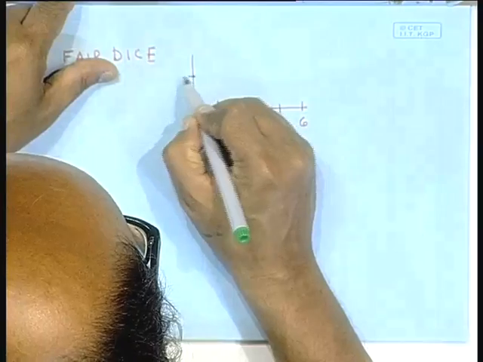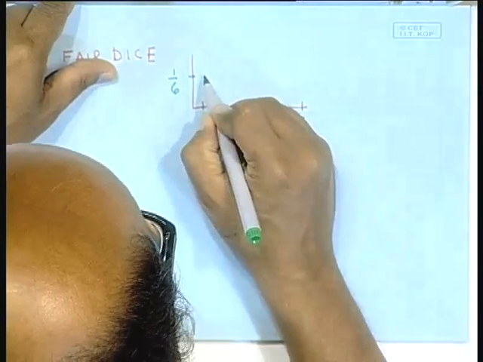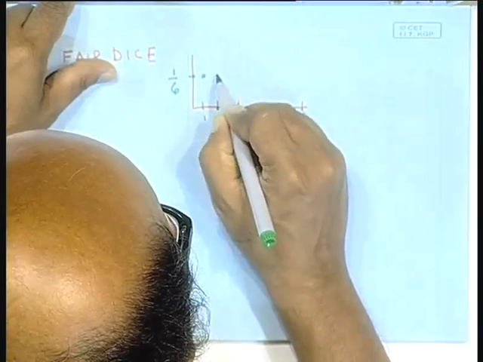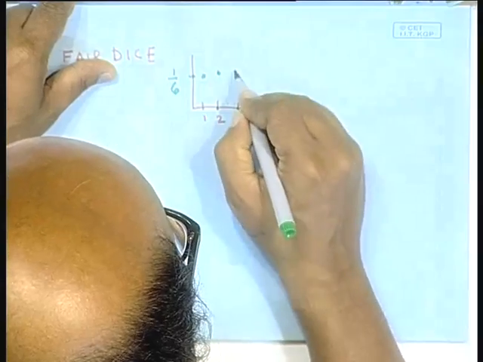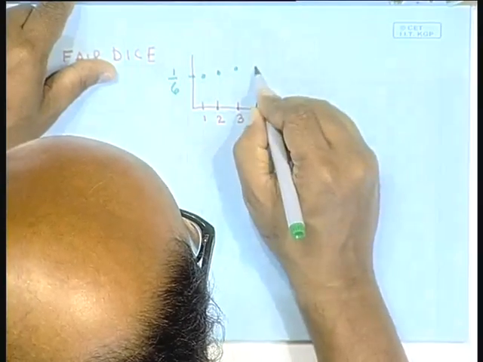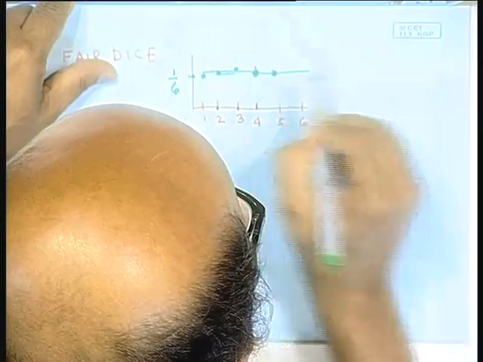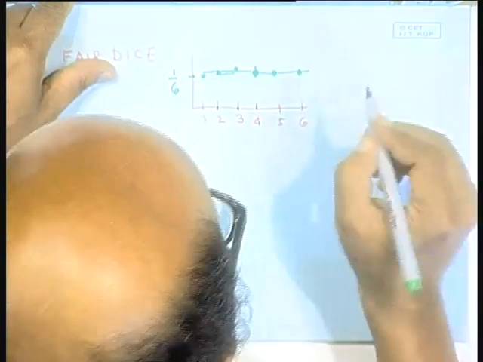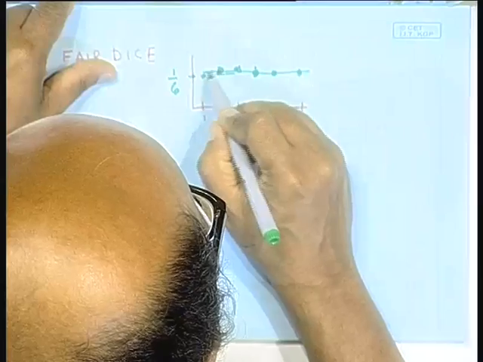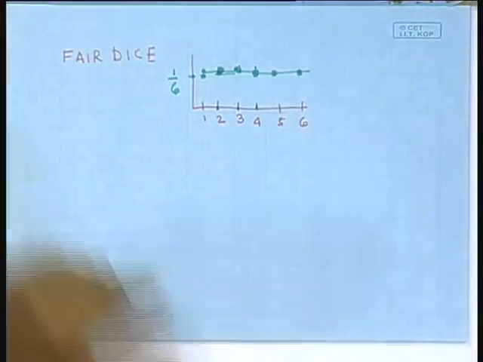So, this is the probability of getting 1, probability of getting 2, probability of getting 3, they are all on a straight line, probability of getting 4, 5 and 6. All these values are exactly the same, 1/6.